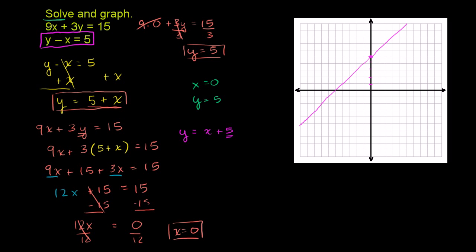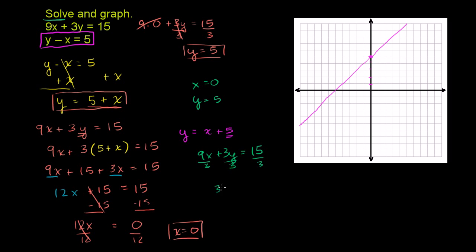Now let's graph that top equation. And we just have to put it in mx plus b form, or slope-intercept form. And I'll do that in green. So we have 9x plus 3y is equal to 15. One simplification we can do right from the get-go is every number here is divisible by 3. So let's just divide everything by 3 to make things simpler.